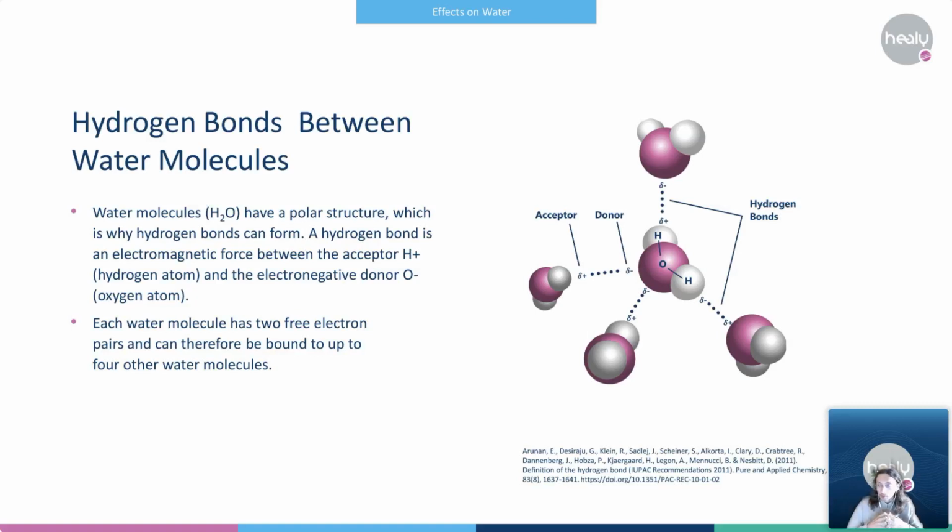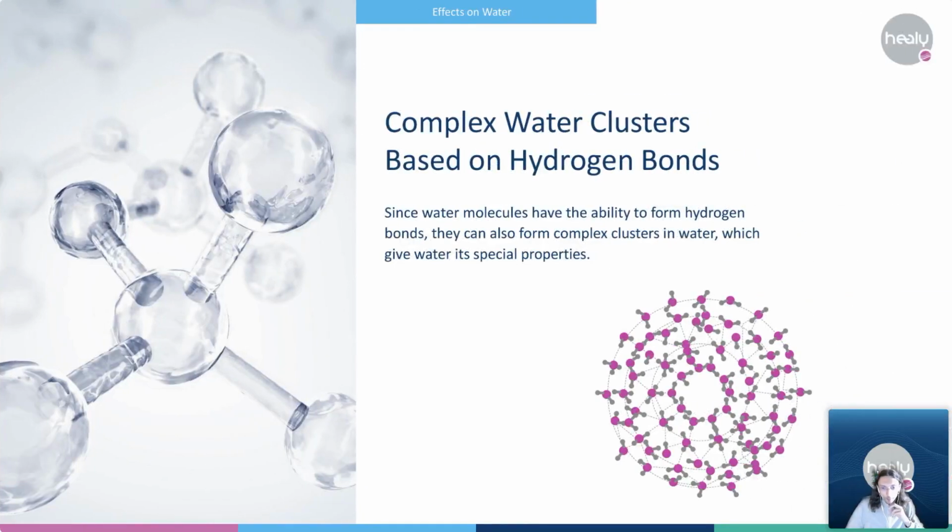It's possible to store information in those clusters, and of course we also use this with MagHealy. So here you see such a cluster. Those hydrogen bonds enable such clusters in quite complex forms. They don't need to be round. They can also be in all other kinds of shapes.